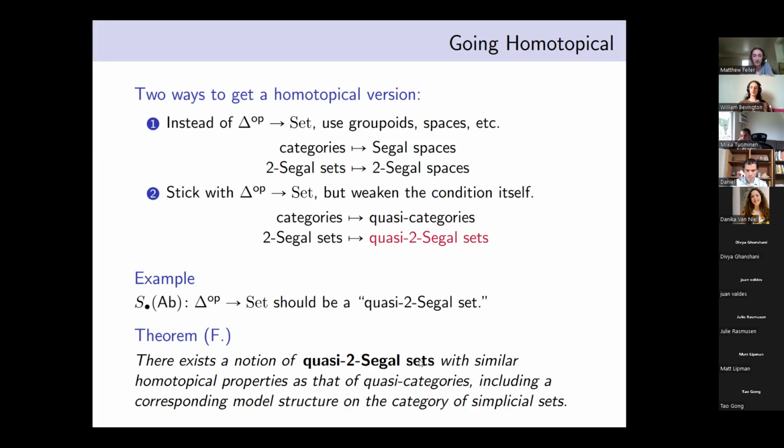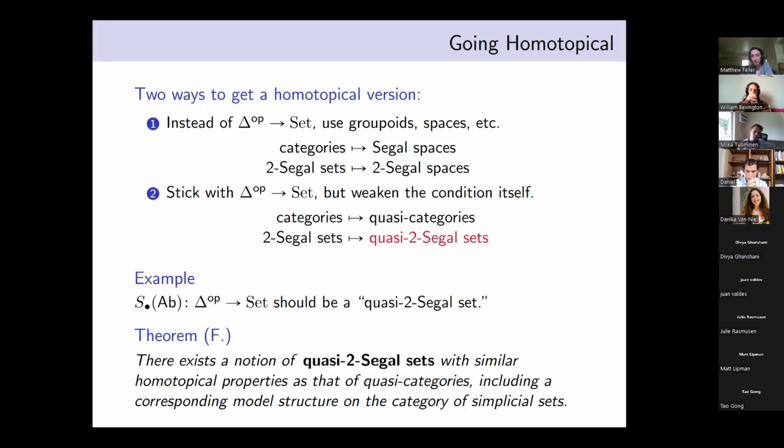The reason I'm mentioning it here is that this was a big part of the project for me, understanding what model structures are possible on the category of simplicial sets. It turns out to be a little tricky to define a model structure for these quasi-2-Segal set things, because it is going in the wrong direction from what you might want to do in general.